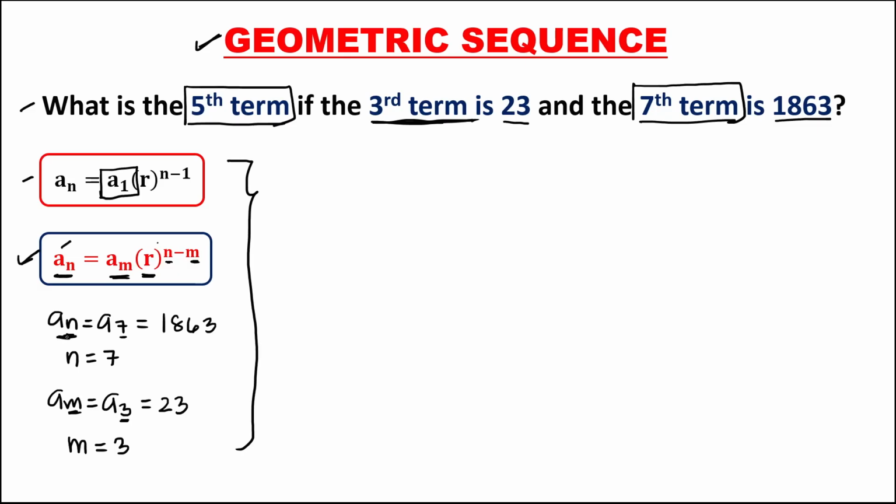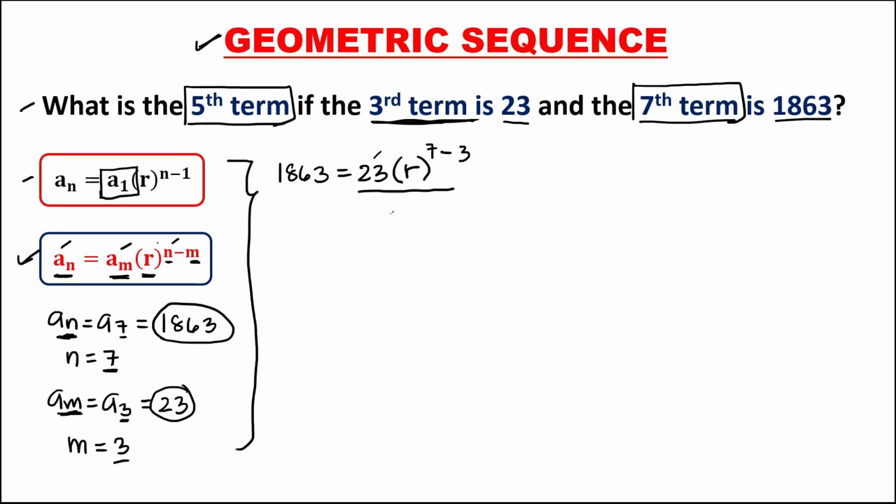For a sub n, which is 1863, equals a sub m, that's 23, times the common ratio to the power n, which is 7, minus m, which is 3. Then to simplify, divide both sides by this number. So divide by 23, divide by 23, then cancel.